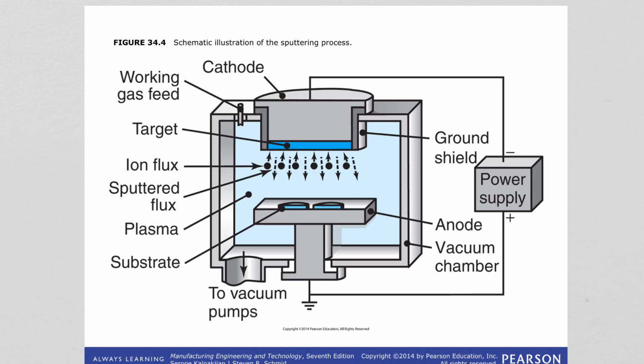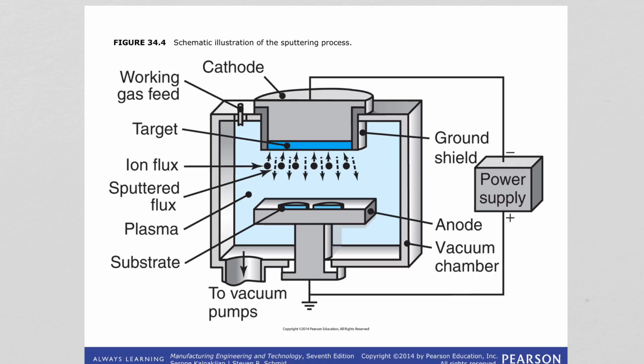In this case, this is argon, for example. So what happens is this gas is ionized, and the positive ions then bombard the coating material, which is at the cathode. You see the target in blue color.